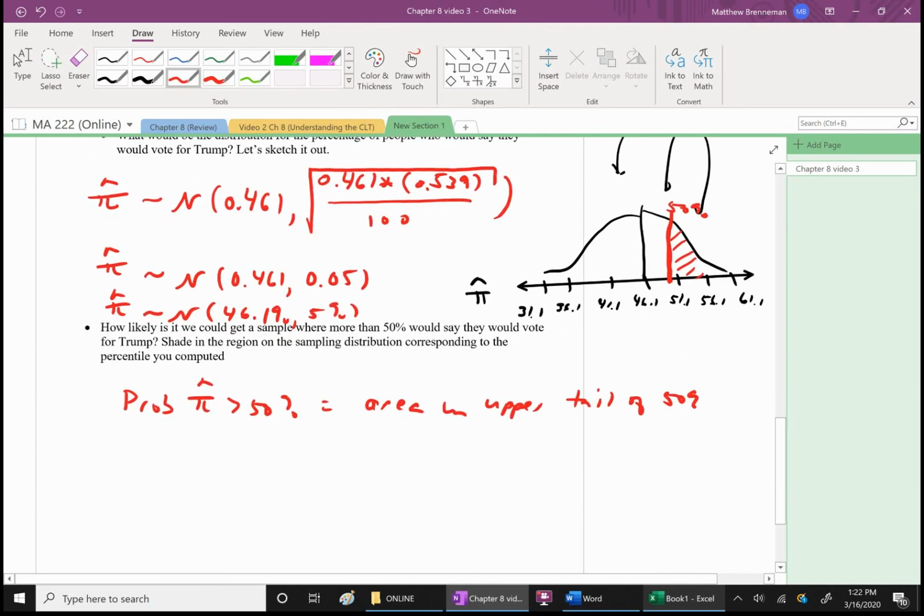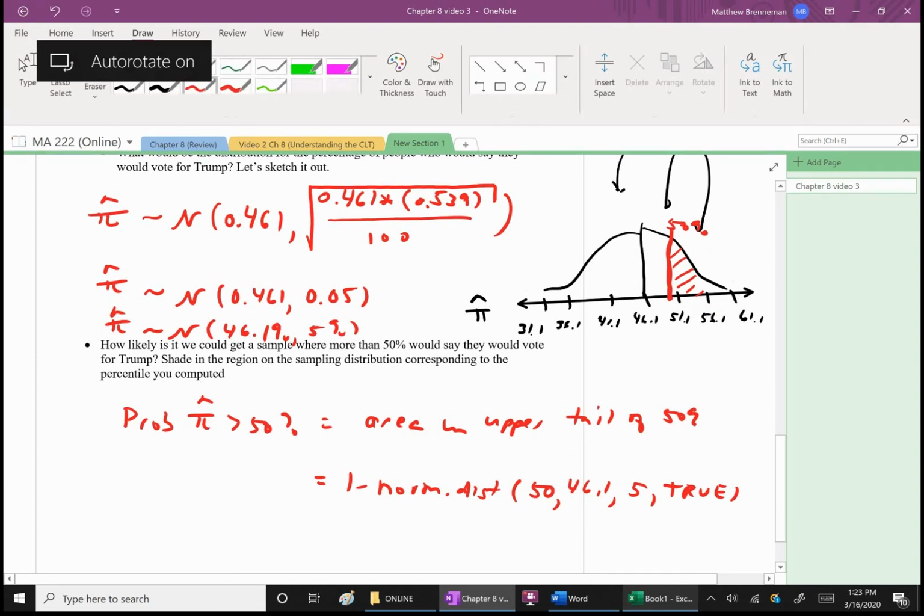And again, I can get that using norm.dist, right? So this is equal to 1 minus norm.dist. The value whose percentile I want is 50%. The mean of the normal distribution we know is 46.1. And I'm just going to put in 0.05. It's really 0.0498, but I'm just going to put in 5% here, and then true. And we see it's going to be pretty substantial. You know, it'll be more than 2.5%.